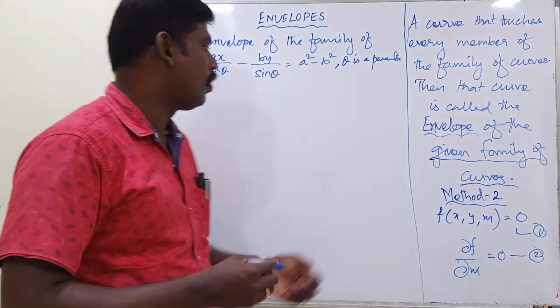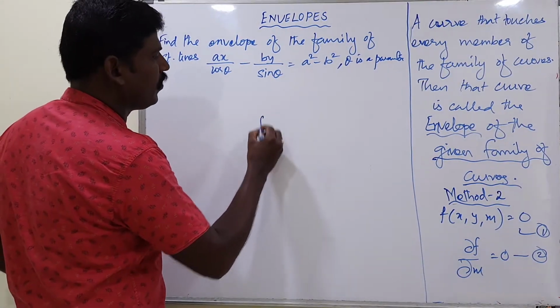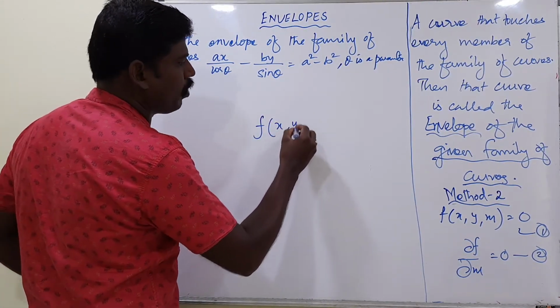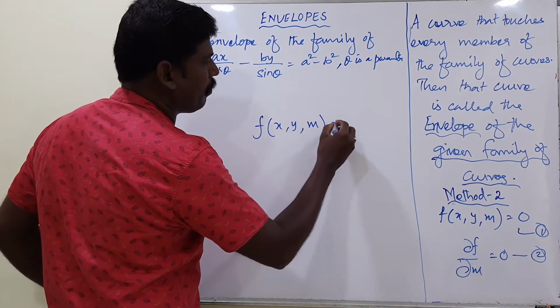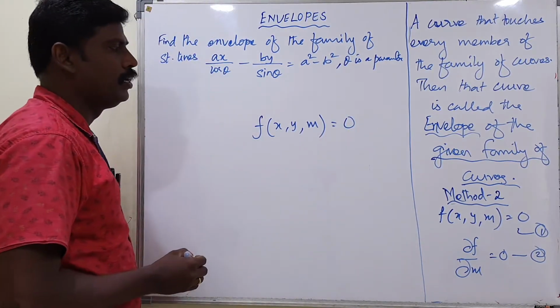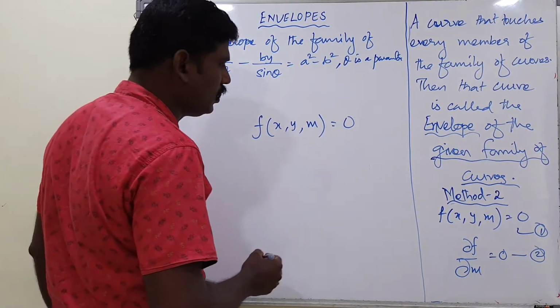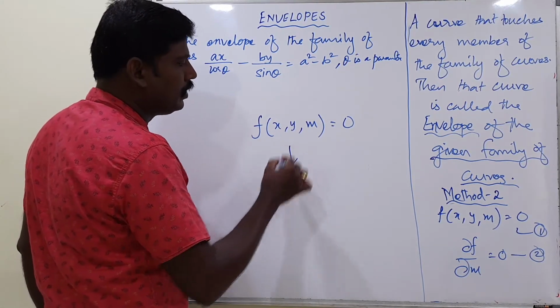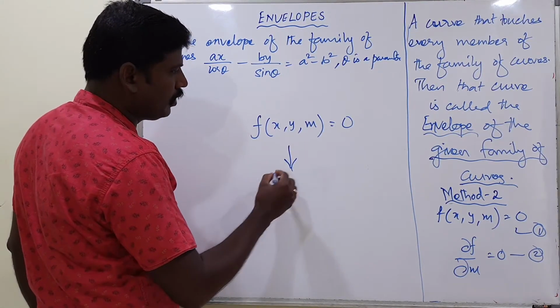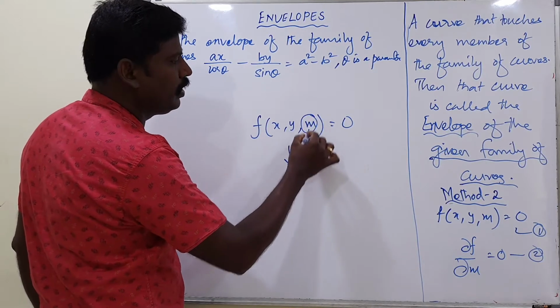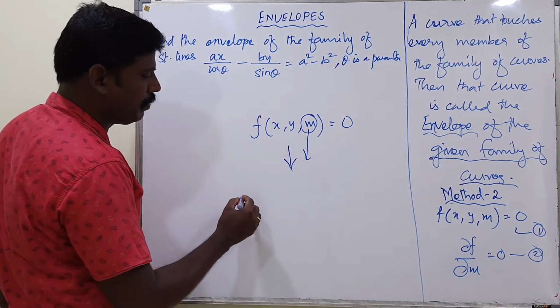What is the first method one? In the first method, the given family of curves in the form of x comma y and connected with a single parameter, f of x comma y comma m equal to 0, isn't it? This can be rewritten as a quadratic equation in terms of the parameter, isn't it?